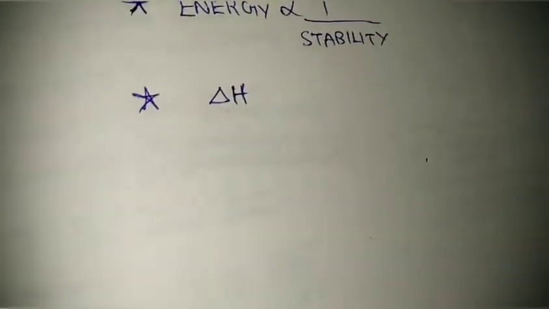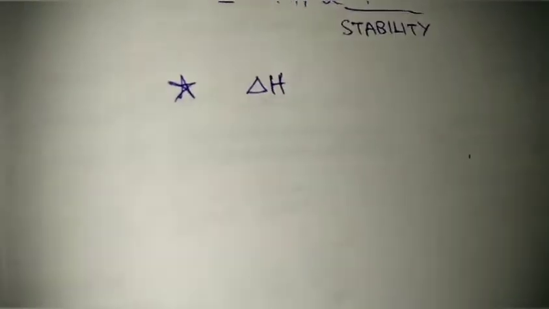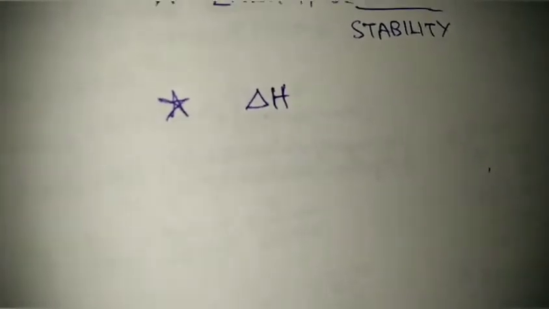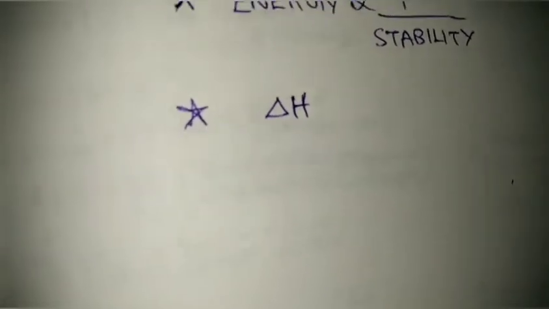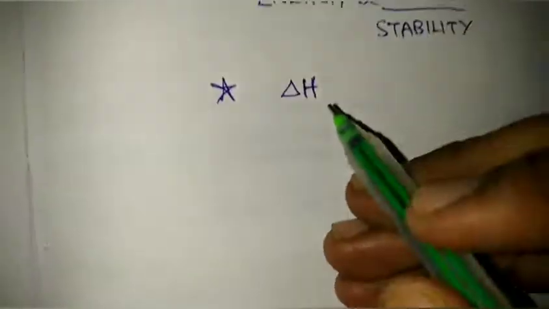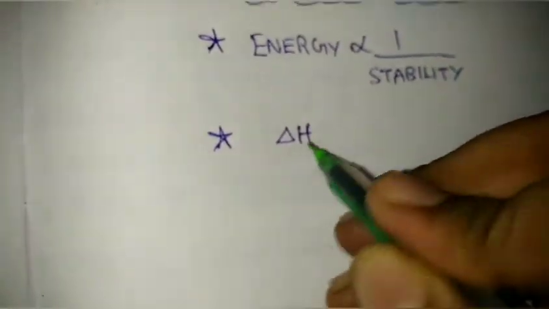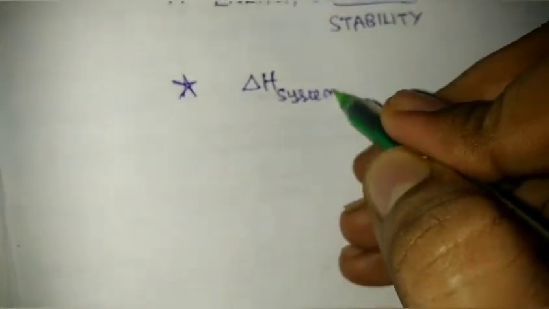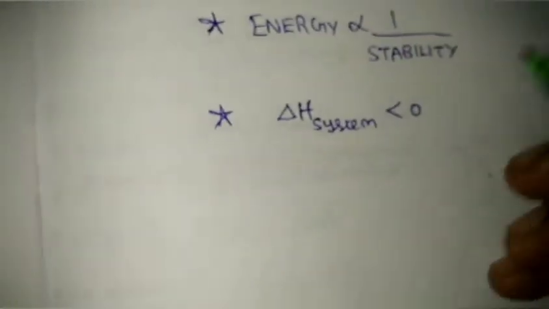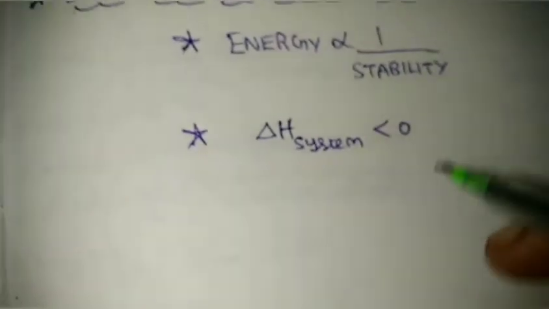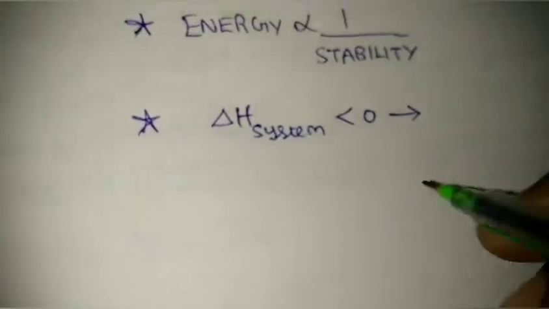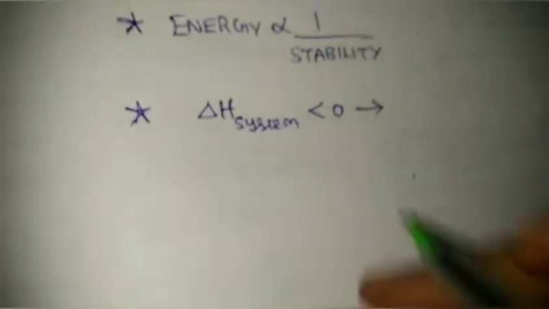For example, if you take a reactant goes into products, the delta H is defined as the individual energy of products minus individual energy of reactants, okay? So for this delta H of the system, if it is less than 0, as a numerical value, if it is some negative 1.5, like that, then we say the reaction is an exothermic reaction.